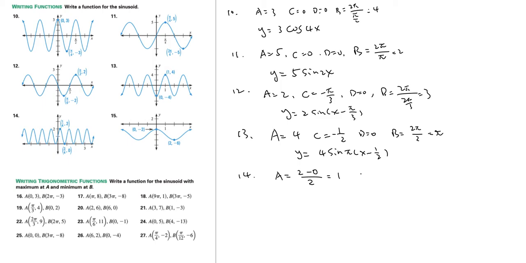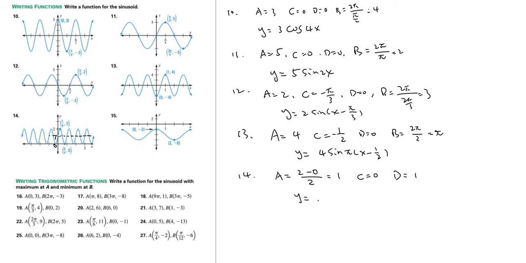Now C, if we use sine, it's not going anywhere horizontally, and D, obviously you shift up. Based on this, we can see the middle line for question 14 should be around there. It's between 2 and 0, so I'll give you 1, which means it shifts up by 1.